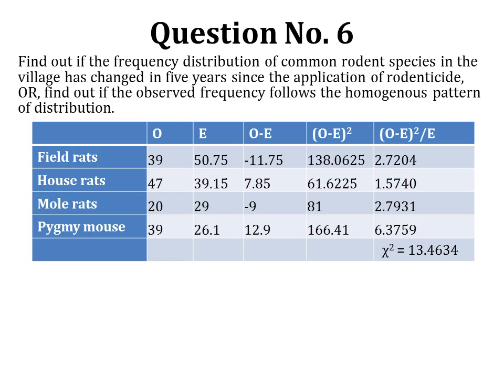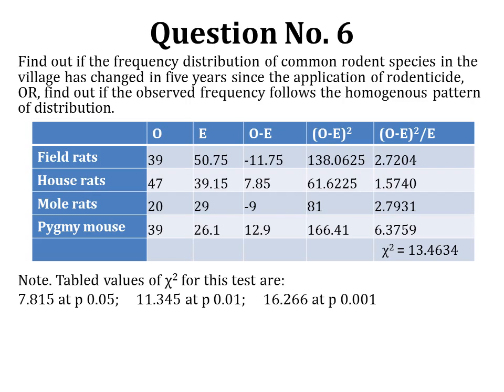So we take the sum of these four values, and that sum is our chi-square value, which is 13.4634 in this case. Now the table values of chi-square for this test are 7.815 at probability 0.05, 11.345 at probability 0.01, and 16.266 at probability 0.001.